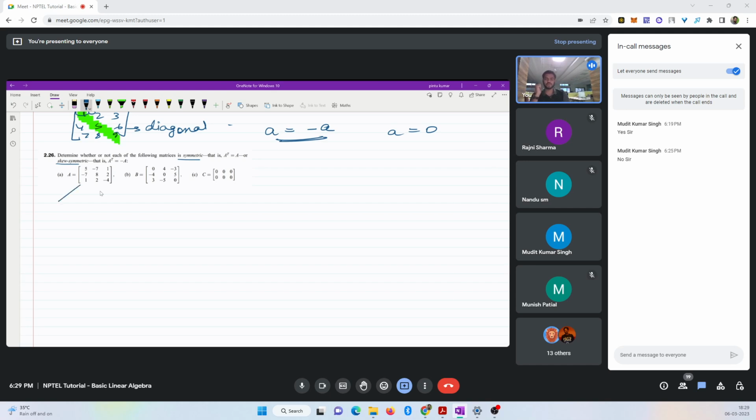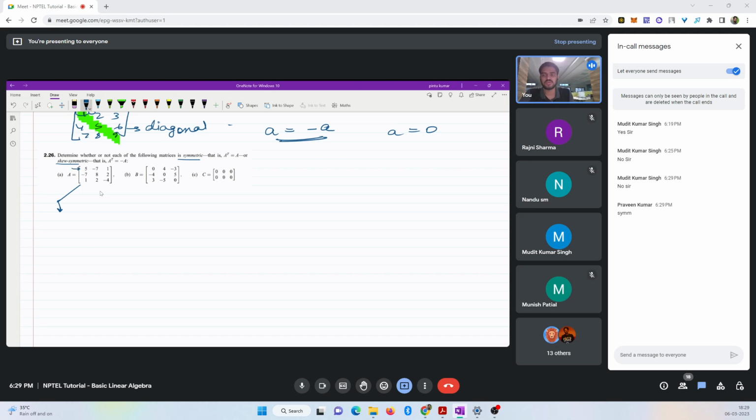So for the first one, what do you think? Whether it is symmetric or not? So yeah, you can participate. Otherwise, this won't be beneficial at all.